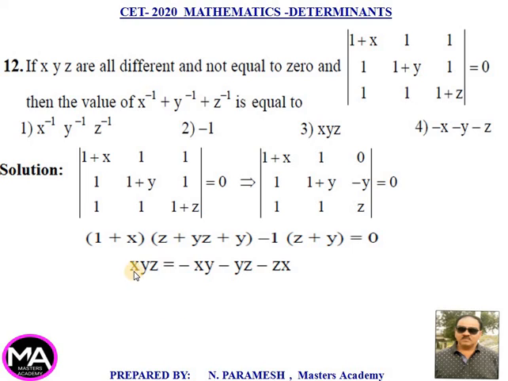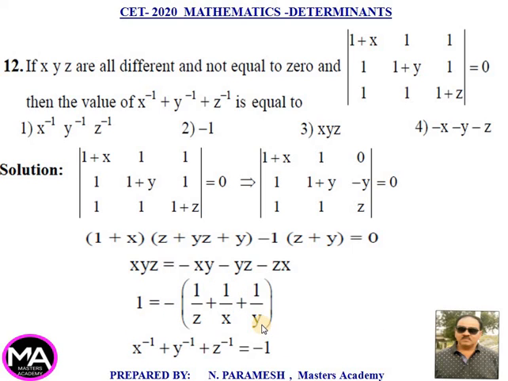On simplifying, xyz is equal to minus xy minus yz minus zx, divided by xyz. 1 is equal to, taking minus as common, 1 by z plus 1 by x plus 1 by y. That is equal to x to the power minus 1 plus y to the power minus 1 plus z to the power minus 1 is equal to minus 1. That is there in option second one.